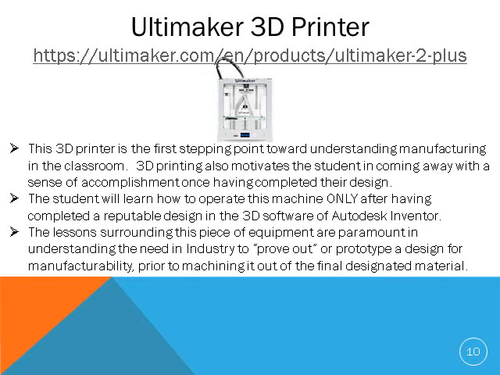Next, what we have is our first offering in the way of a 3D object tool, and that is the Ultimaker 3D printer. The very first step we take in generating a physical part is creating that part by way of the 3D printer.